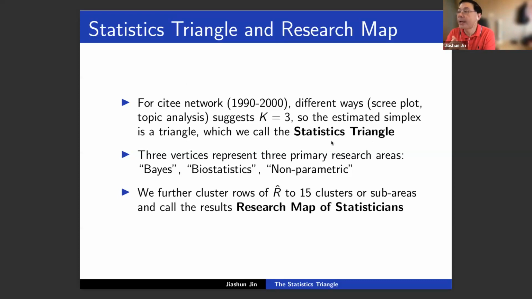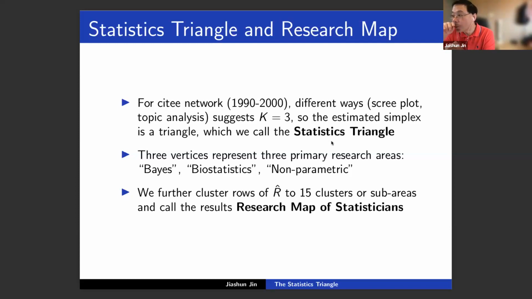How to select this K? First of all, we plot the scree plot of the Scikit network. Then we try K equal to 2, 3, 4, 5, up to 10. For each of these K, we are going to try our Mixed-SCORE algorithm.